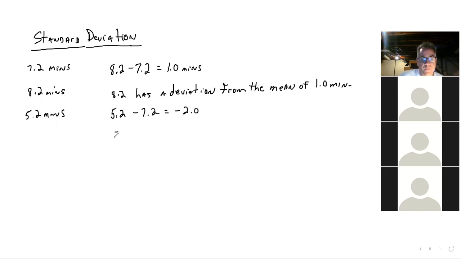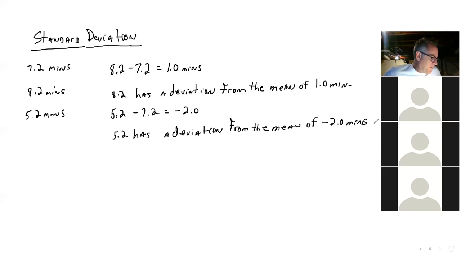So 5.2 has a deviation from the mean of negative 2.0 minutes. Okay.